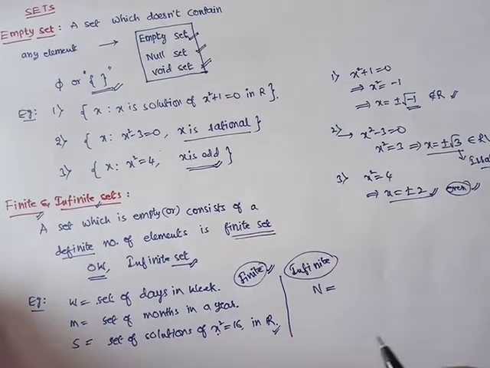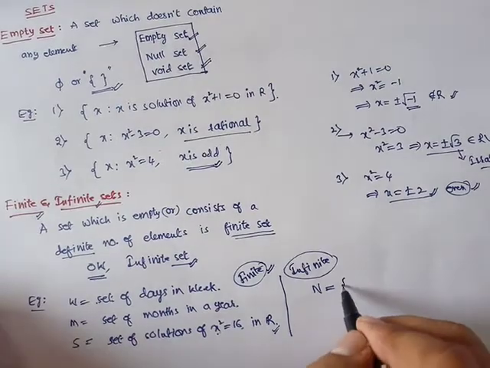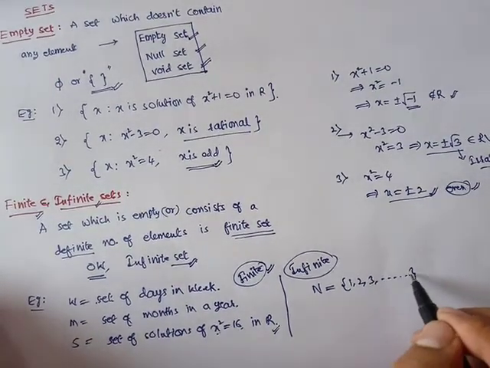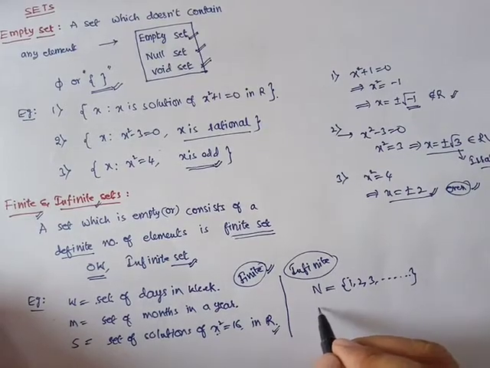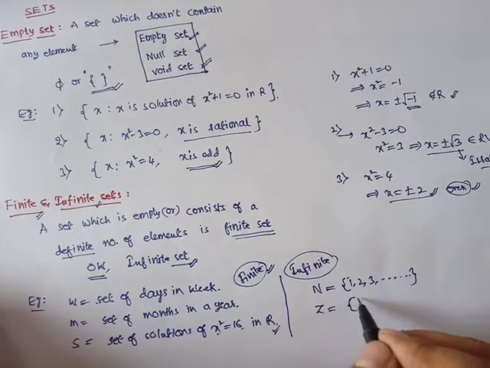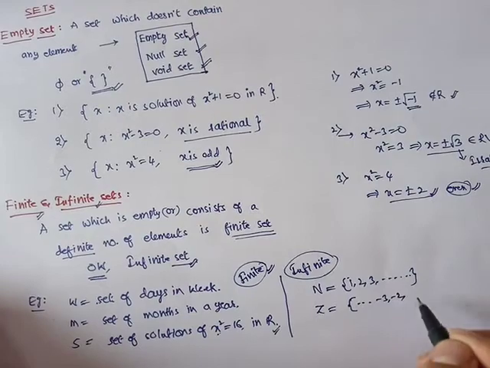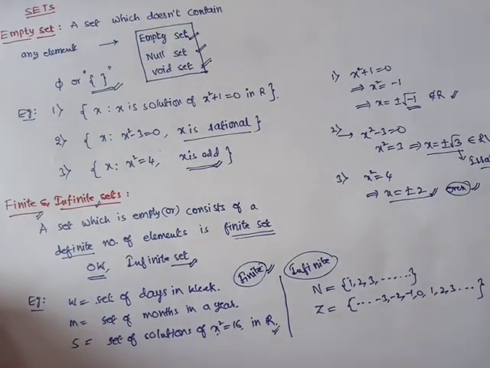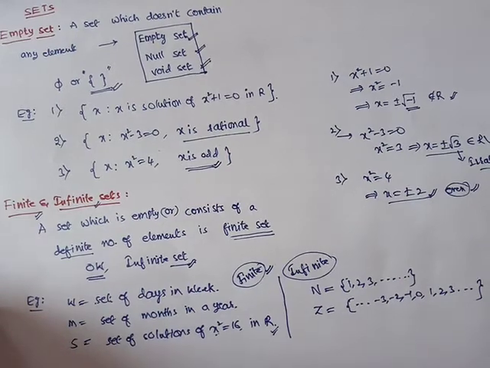If I consider natural numbers N, those are 1, 2, 3, 4 and so on, so all these are infinite. And Z, if you consider, so on minus 3, minus 2, minus 1, 0, 1, 2, 3. The set of integers also has an infinite number of elements.